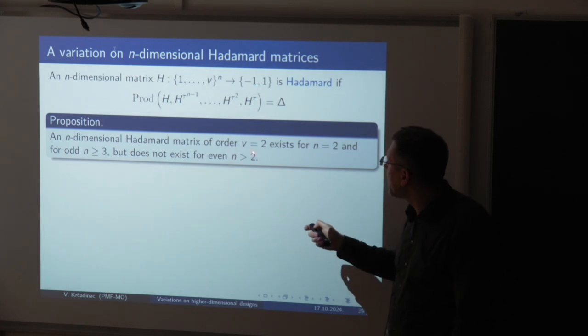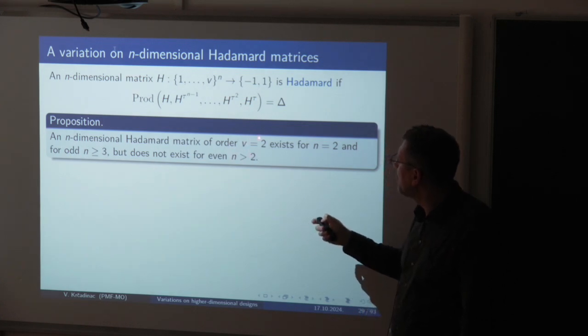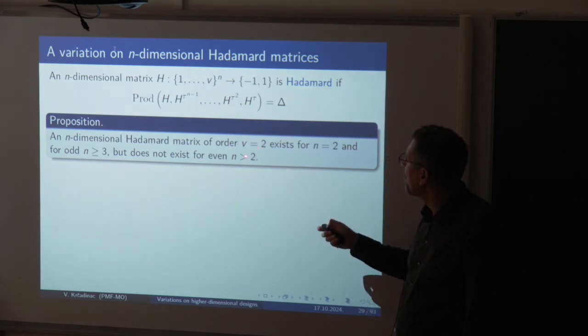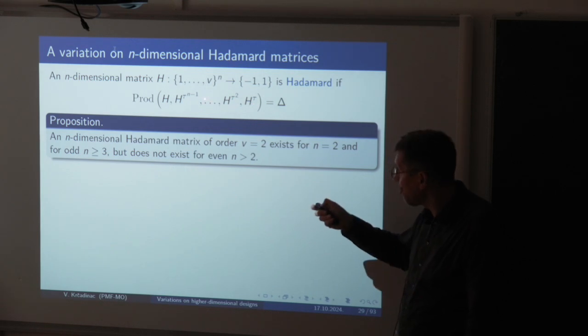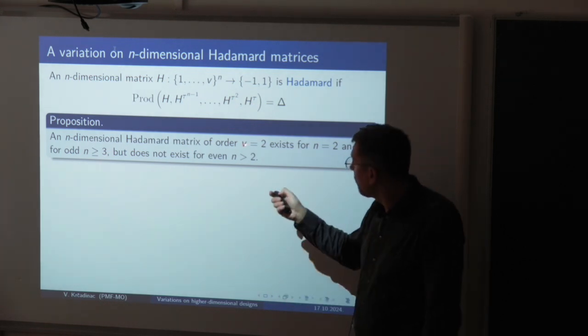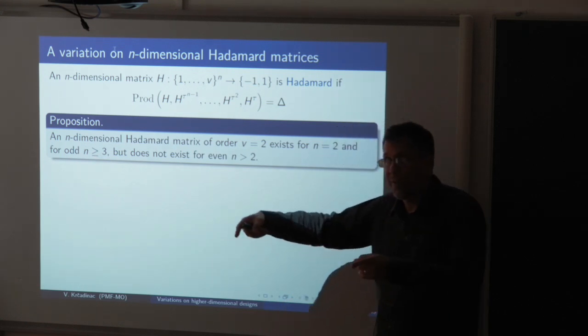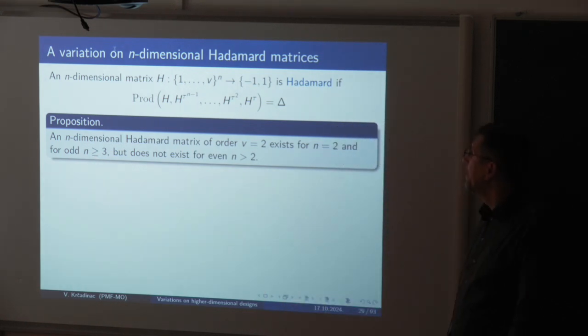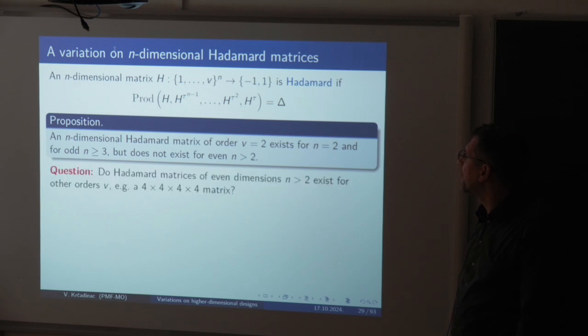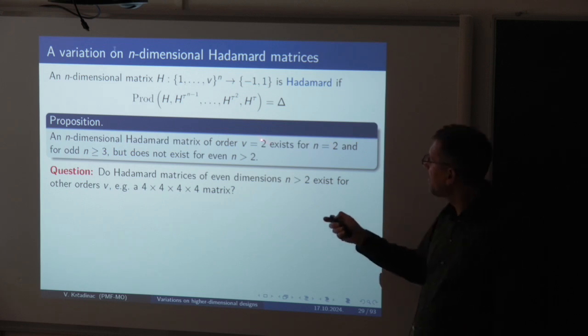So there is no 2 times 2 times 2 times 2 four-dimensional Hadamard matrix according to this definition. They do exist for order 2 for odd dimensions, 3, 5, and so on. This is kind of weird. They don't exist for all dimensions, whereas we had them for all possible dimensions. And this non-existence in their paper is proved just for order 2.